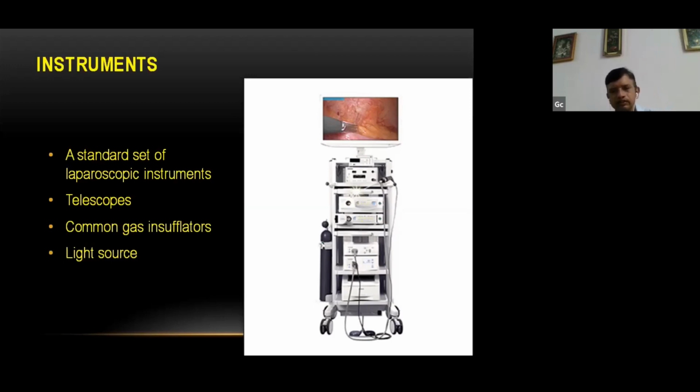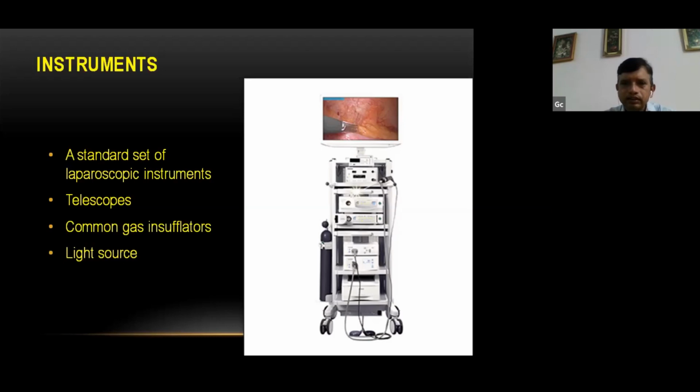But the instruments should be very precise and from a branded company, sharp and clear. It should not be that the jaw is not working. Sometimes if you are struggling with the instruments, then definitely the output will be poor. So you should not struggle with the instrument.